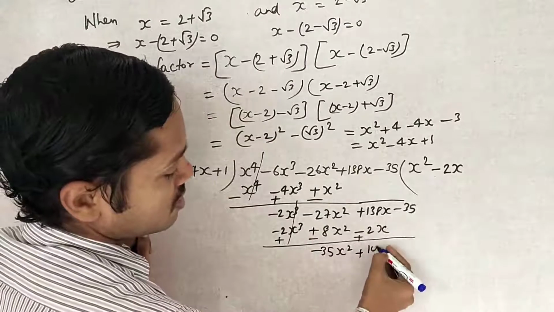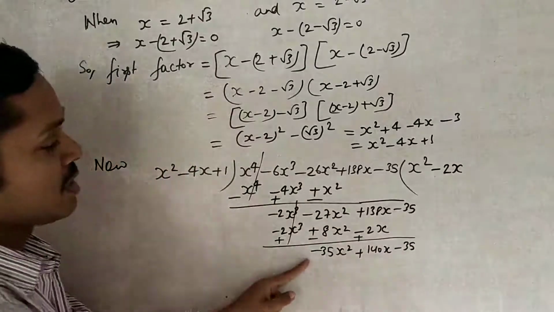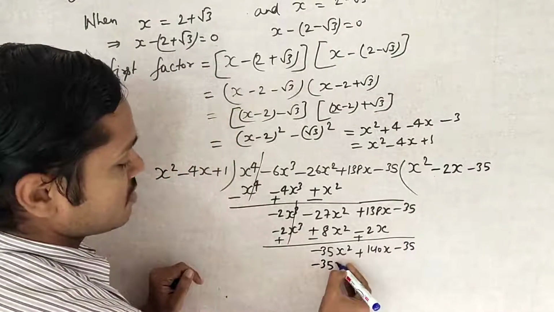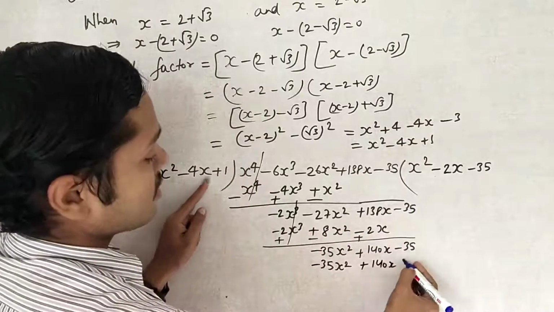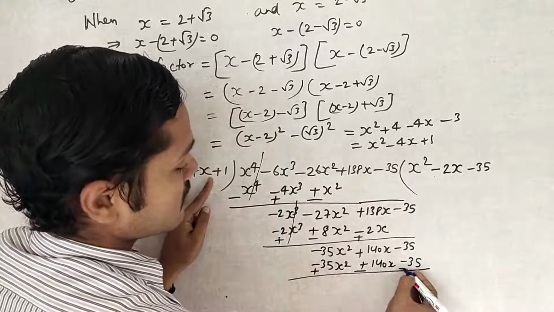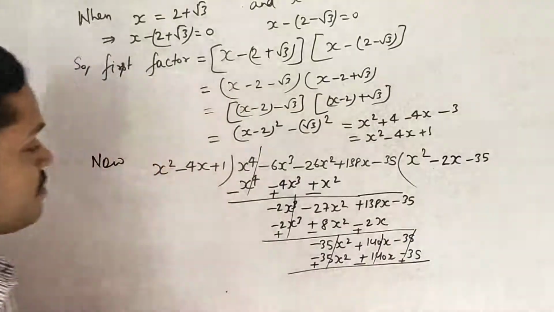Plus 140x minus 35. Now look at it, how many times? Minus 35 times. Minus 35x square plus 140x minus 35. Now look at it, plus this becomes minus, this becomes plus, cancel. So this is the second factor.